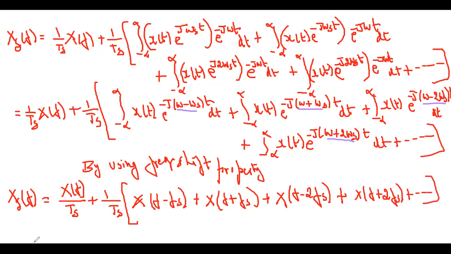Got it, my friends? So X delta of f is equal to, see, the two terms have a common term, 1 by ts. Write the function X of f plus X of f minus fs, I will write in the order.